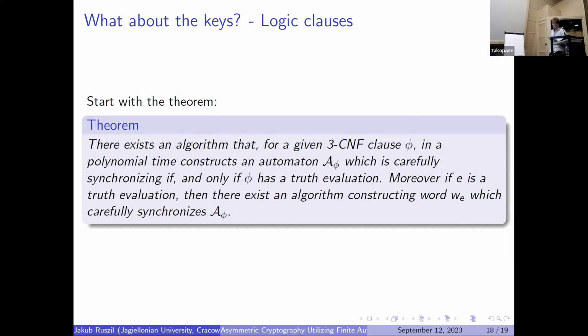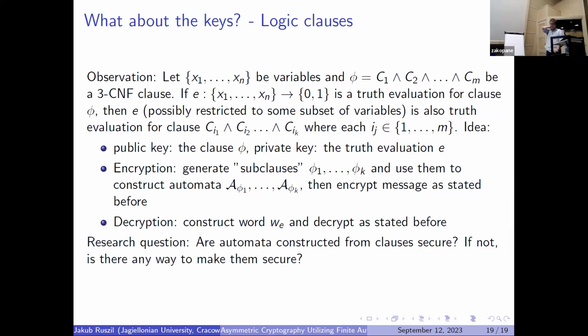And moreover, what is also true from my reduction is that if E is a truth evaluation of that clause phi, then there exists an algorithm constructing W_E, which carefully synchronizes A phi. And having that, there is a simple observation. So we have something that from the given pre-CNF clause and some truth evaluation gives us a partial finite automaton, which is carefully synchronizing by a word that corresponds to that truth evaluation.